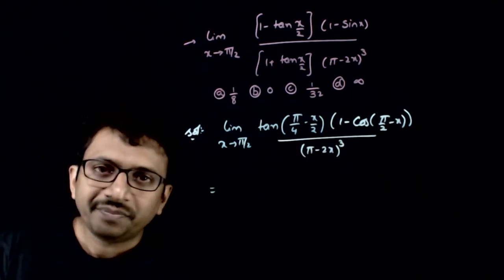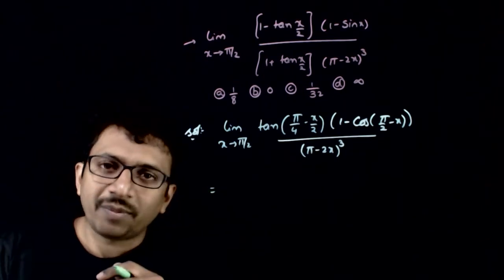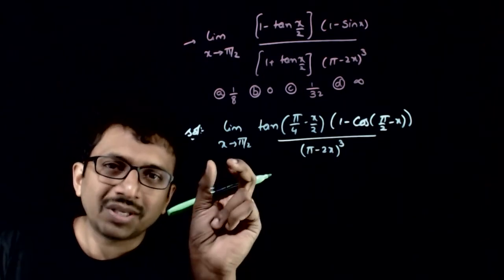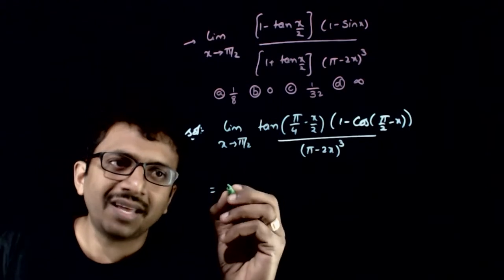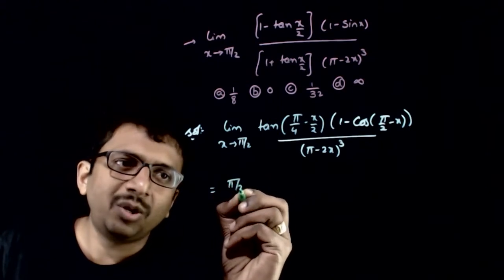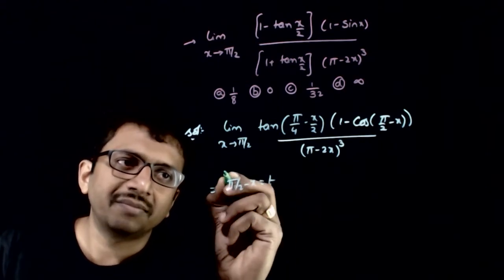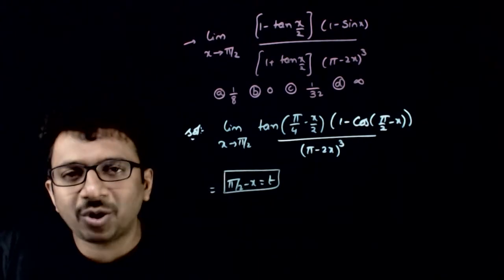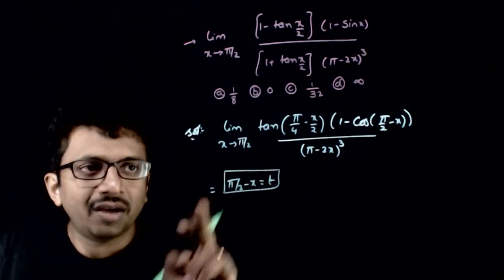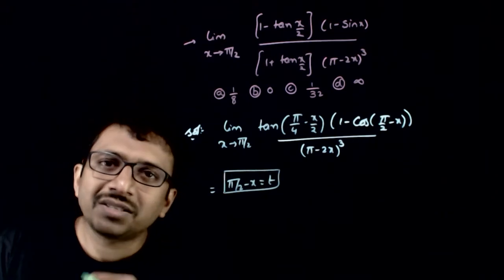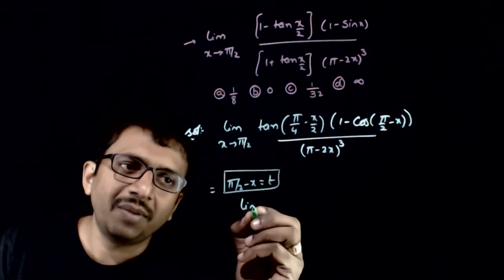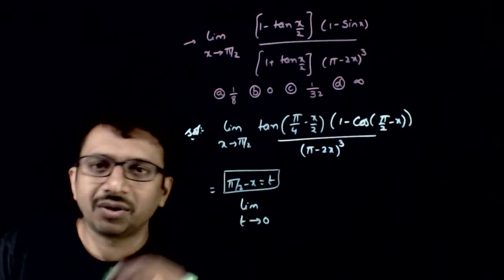So that is equal to limit x tends to pi by 2. Let us do some substitution. Let us say pi by 2 minus x is equal to t. Now if x tends to pi by 2, where does t go? So limit t tends to 0, right?